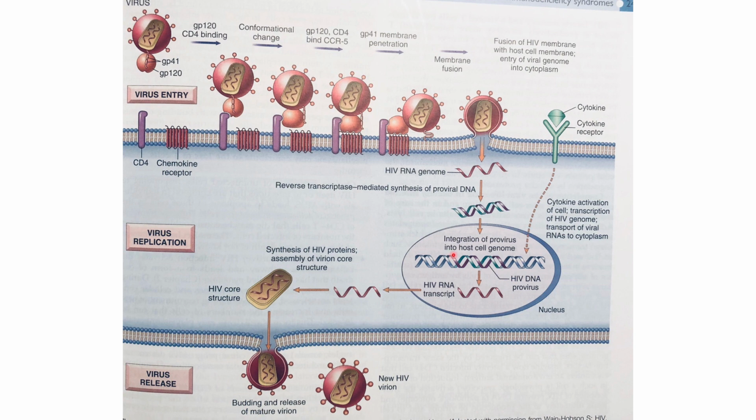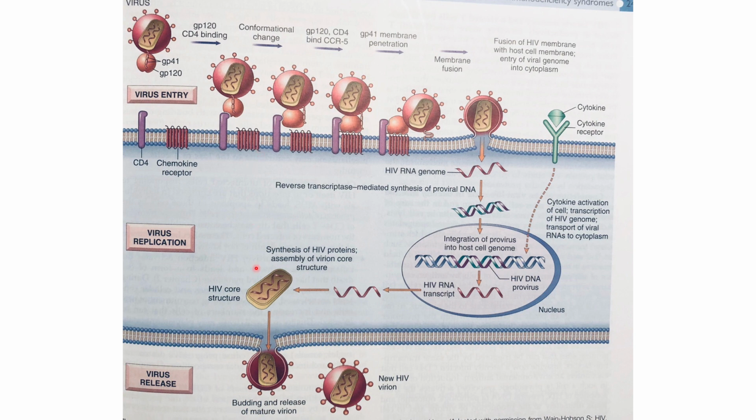This gets integrated into the host cell genome, and an HIV DNA provirus is formed, and this undergoes transcription to RNA, and the RNA is involved with the synthesis of HIV proteins. They assemble the virion core. Finally, you get budding and release, and a new HIV virion.